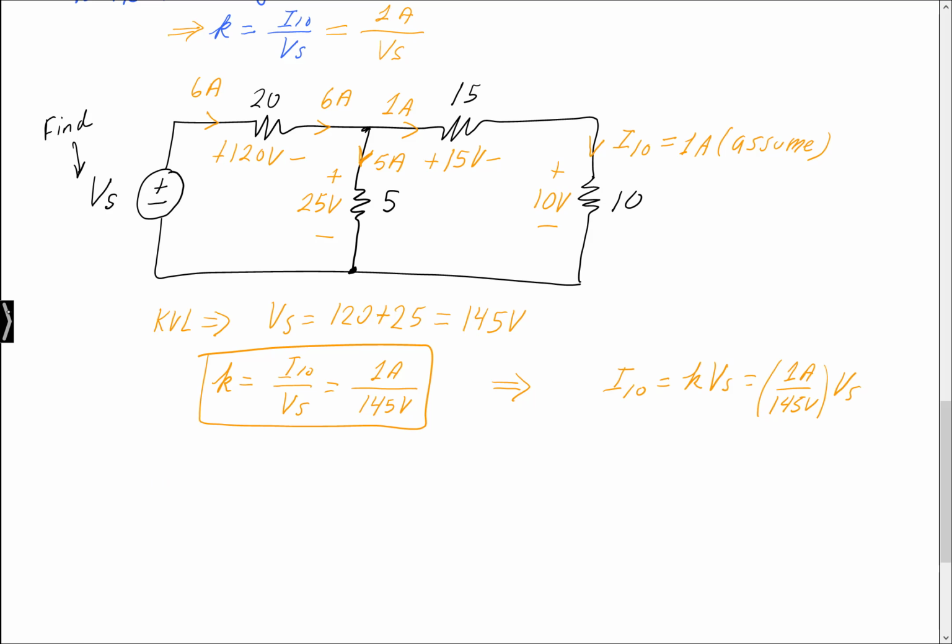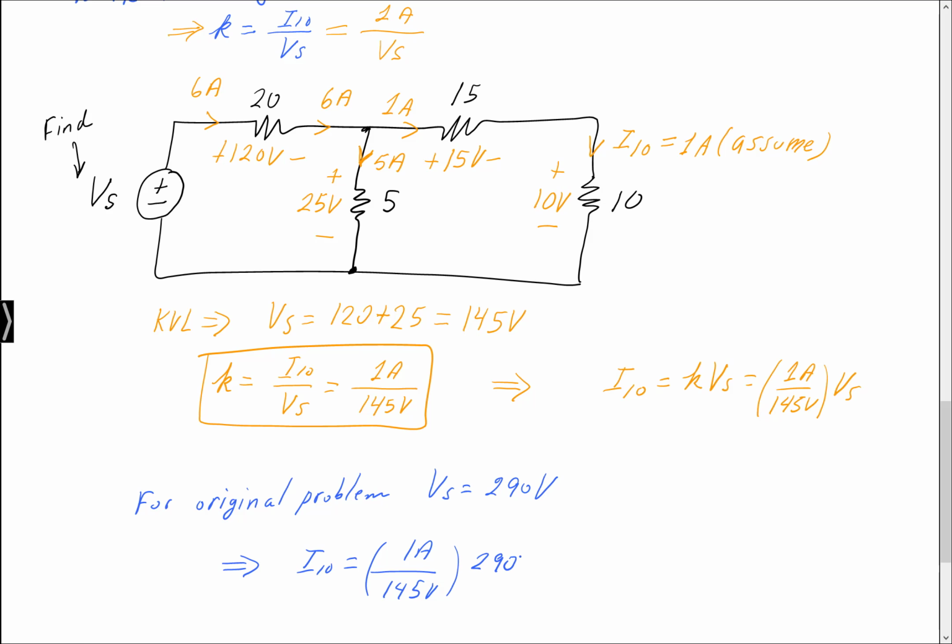So again, let me just write over here, for the original problem, Vs was 290 volts, which means I10 is equal to 1 amp divided by 145 volts, or I could have just written 1/145 times 290 volts.